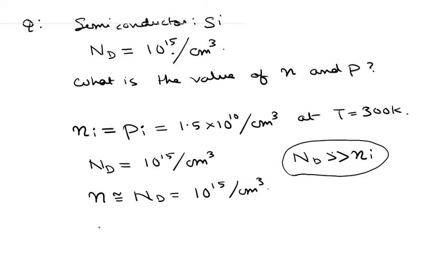Now we also need the concentration of holes in the valence band. Here is where the law of mass action comes in. We know that Ni² = N × P, where N is the total concentration of electrons in the conduction band and P is the total concentration of holes in the valence band.